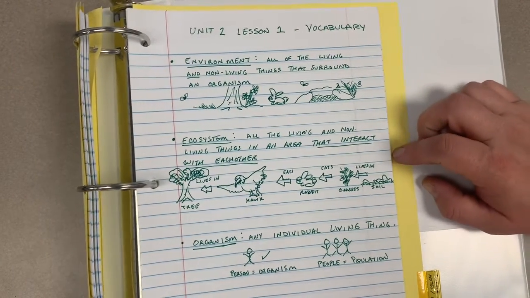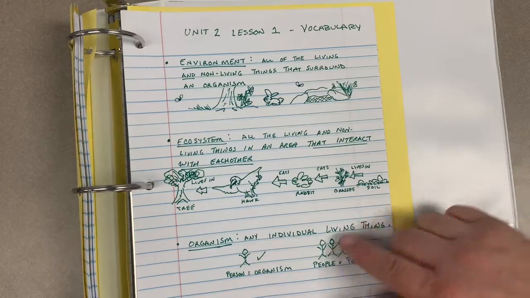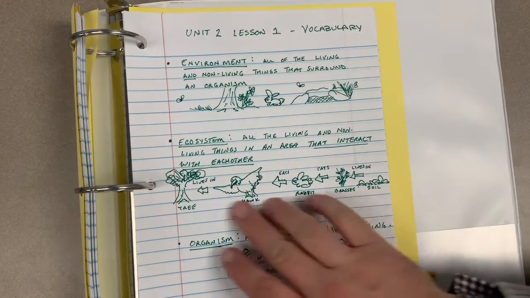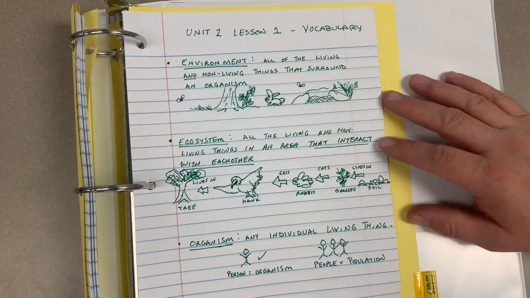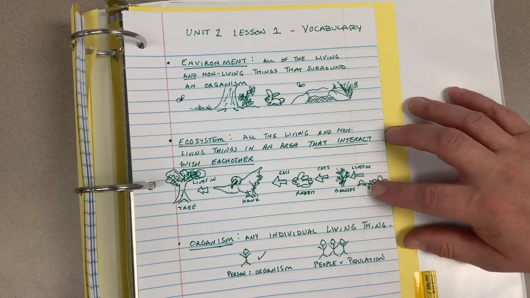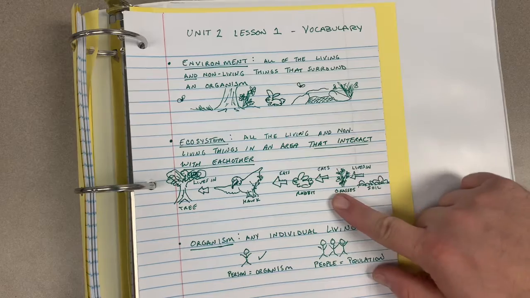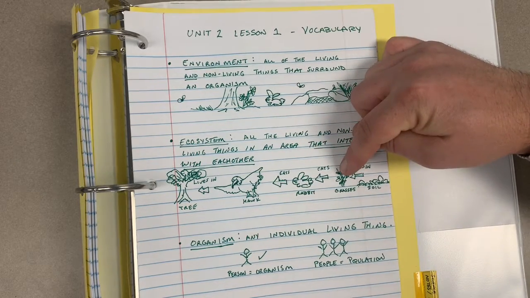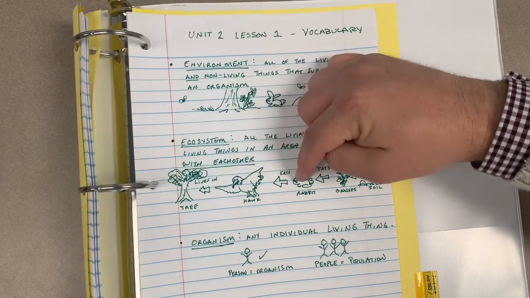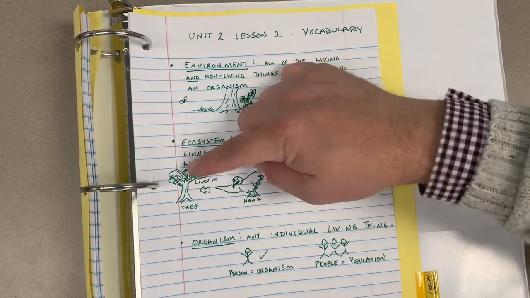So in this case, down here, I have a bunch of organisms that might be living in an area, and I haven't included a lot of the non-living stuff, but I have over here. So soil is a non-living thing. Little grasses would live in soil. A rabbit then would eat the grasses, which would then get eaten by a hawk, and then the hawk would live in a tree.